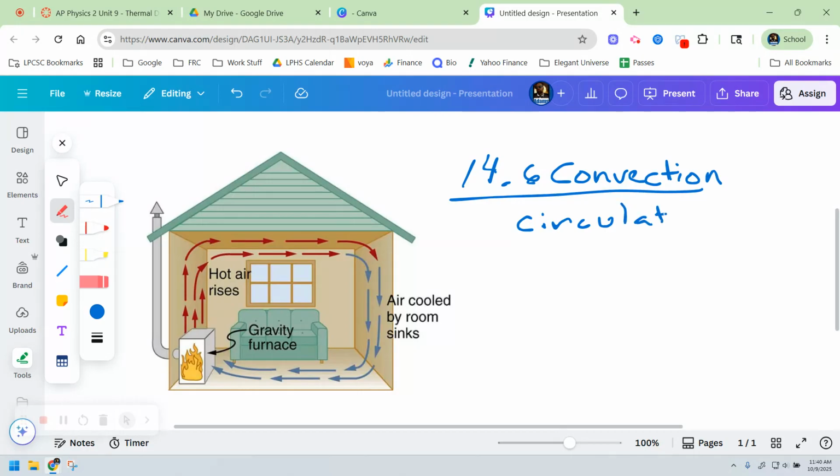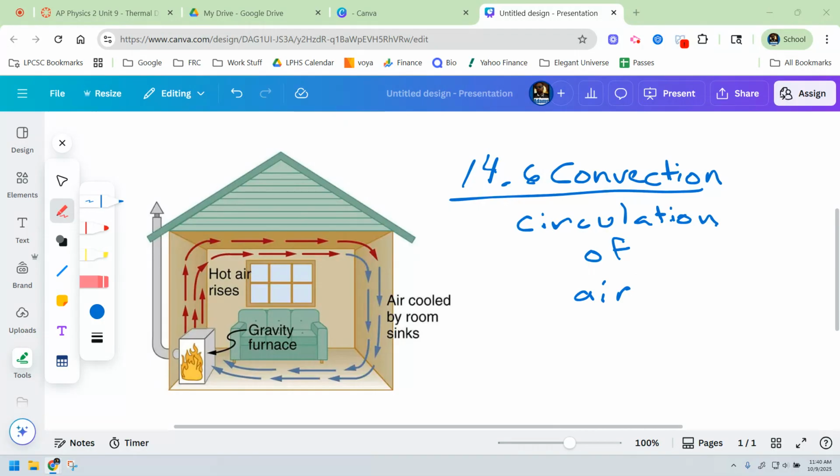And then the transfer occurs because the air molecules are more likely to run into each other. So air molecules are kind of spread out, and if we have a fan, that fan will blow the air, and then the warm molecules will bump into the cold molecules, and then the heat will transfer.